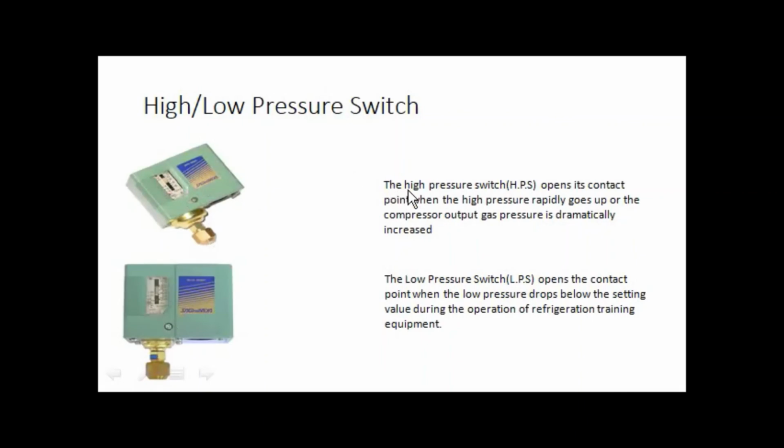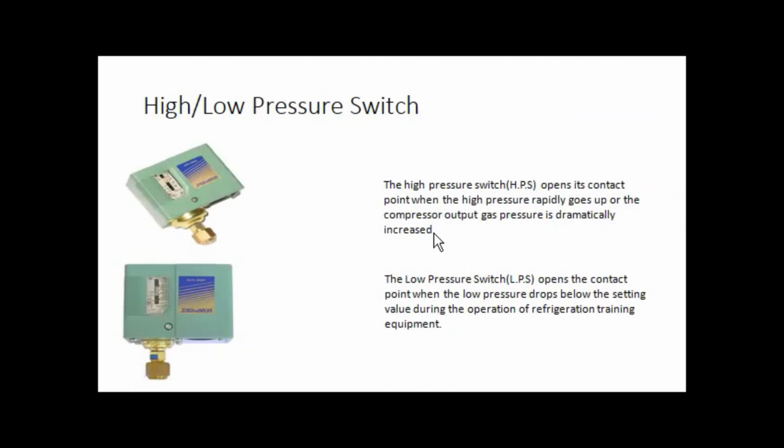Let's start with the high pressure switch. The high pressure switch opens its contact point when the high pressure rapidly goes up or the compressor output gas pressure is dramatically increased.